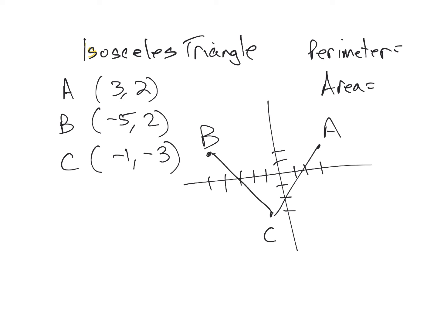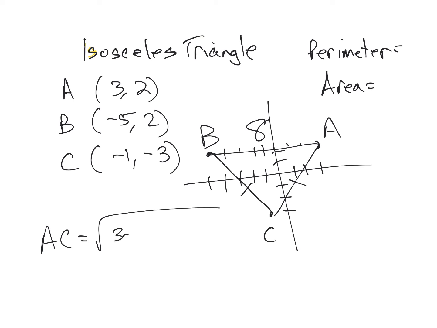So this is an isosceles triangle, which means this side and that side are equal. We know this side, AB, 1, 2, 3, 4, 5, 6, 7, 8. But you don't know BC and AC, but you only need to do the distance formula on one of them, because they're the same. It's isosceles. So AC, I'll use this one.